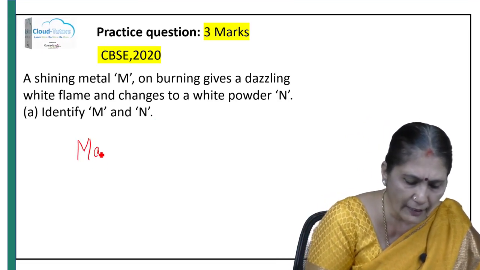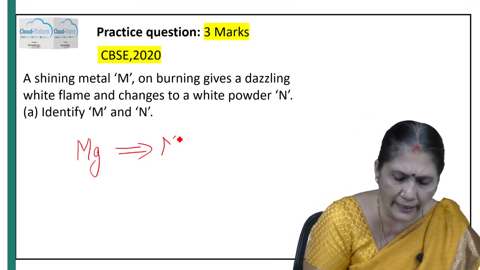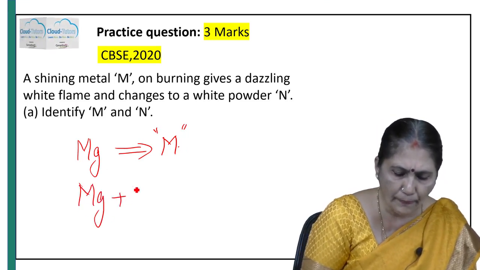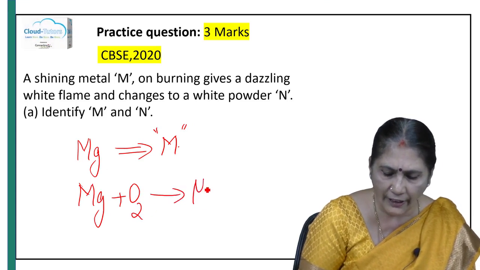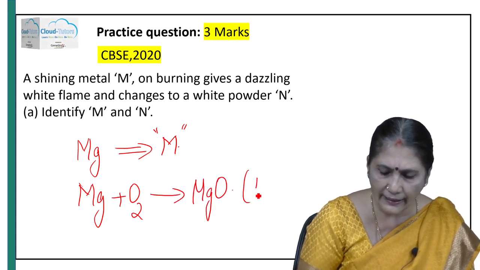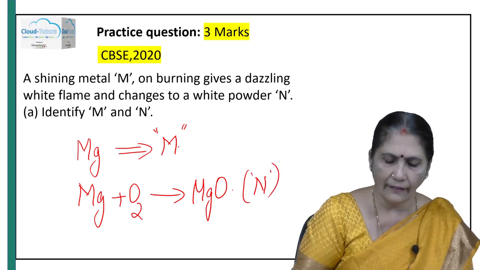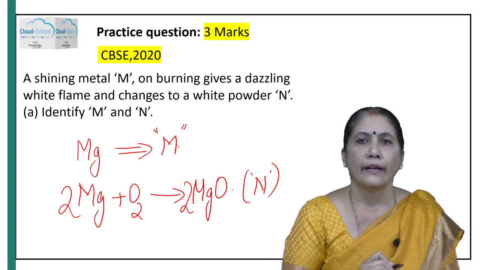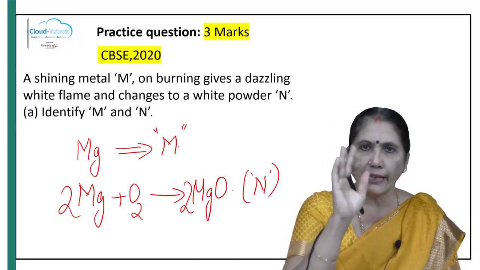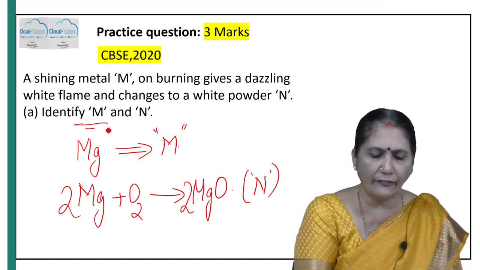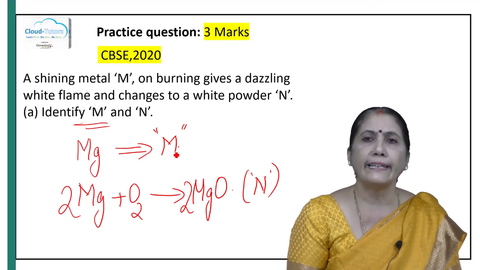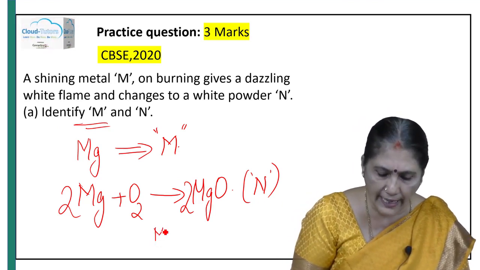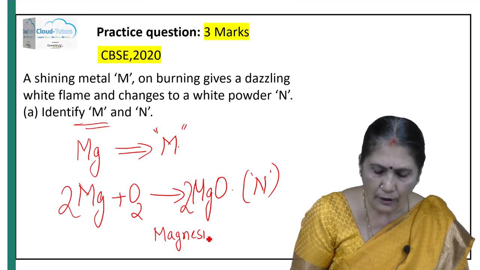So the shining metal was magnesium, which was the metal M. Whereas Mg was made to burn in oxygen, we got magnesium oxide, and this was N. So 2Mg plus O2 gives 2MgO is the equation, which is not necessary to be written right now because it is only identify M and N. So M identification, you have to write it as magnesium and N as magnesium oxide.